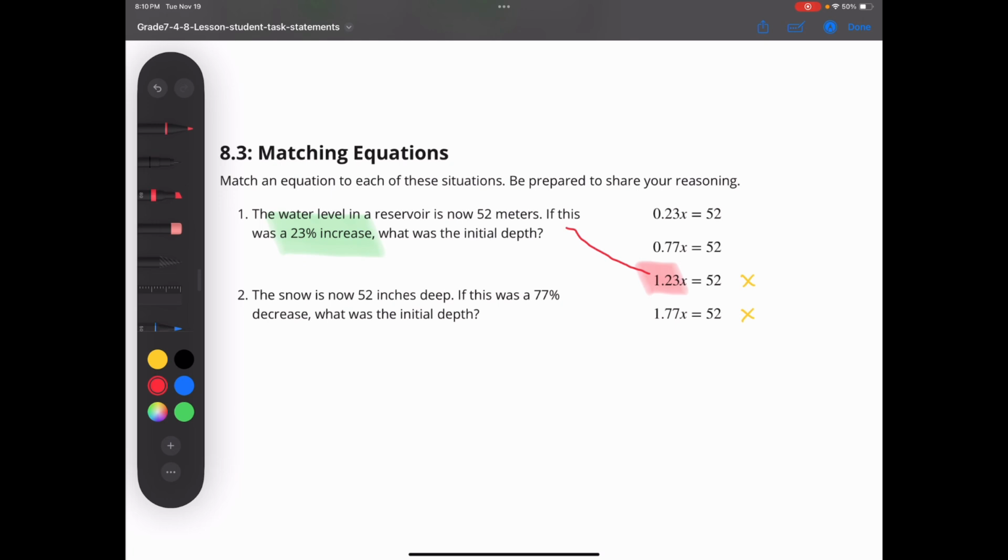How about number 2? The snow is now 52 inches deep. If this was a 77% decrease, what was the initial depth? So now we are decreasing, and the two decreasing equations are this one and this one. Those two equations are decreasing our initial value x, because these two decimals are less than 1, they're going to decrease the value of x.